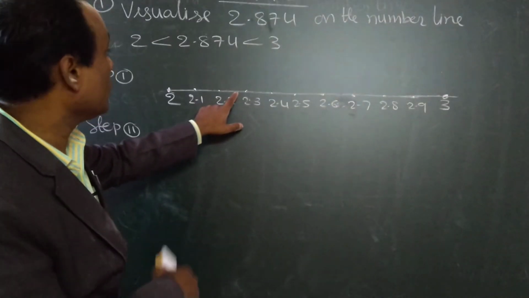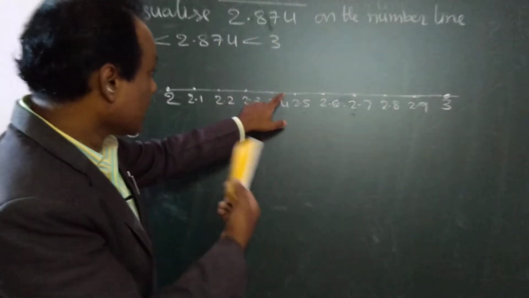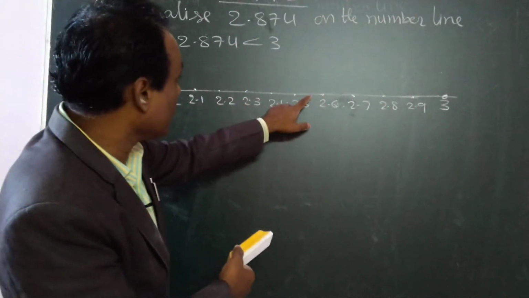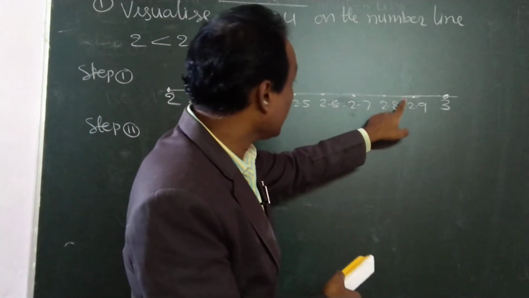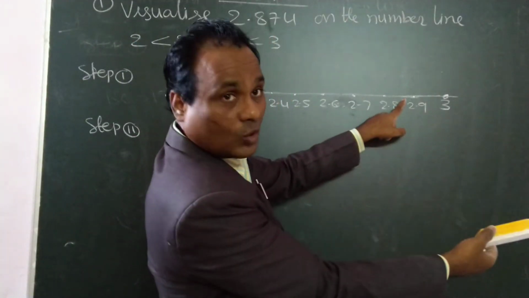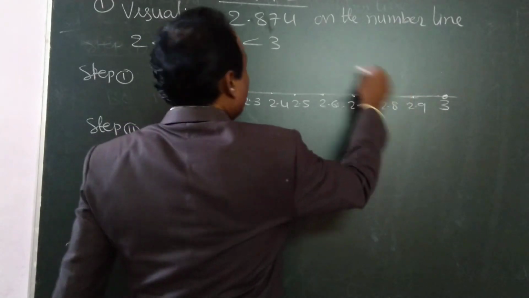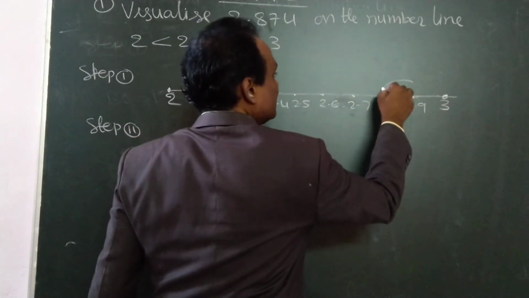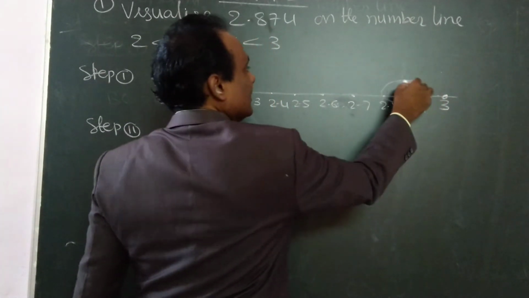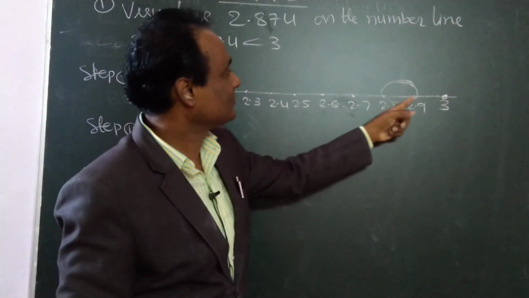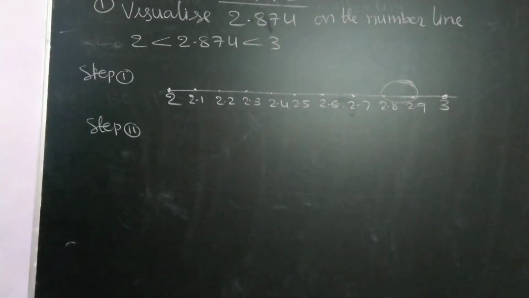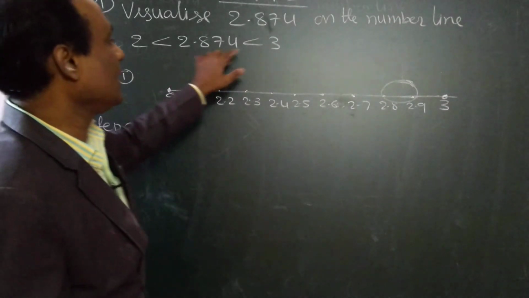Greater than 2.2, greater than 2.3, greater than 2.4, greater than 2.5, greater than 2.6, greater than 2.7, greater than 2.8, but it is not greater than 2.9. So therefore, this point will lie here.